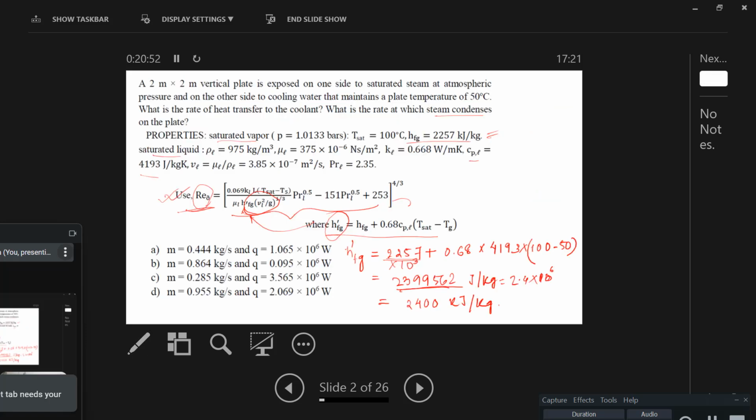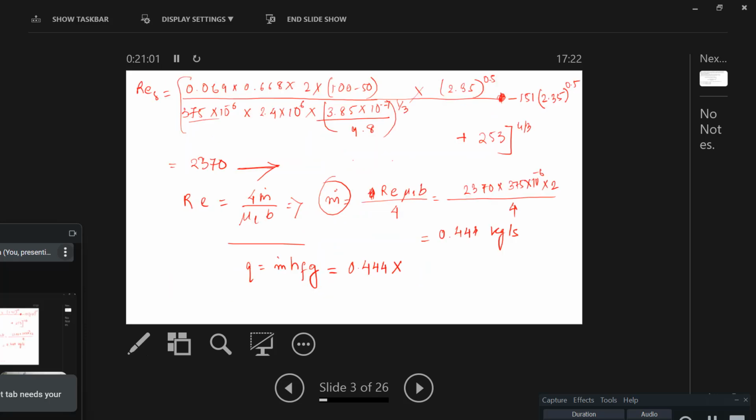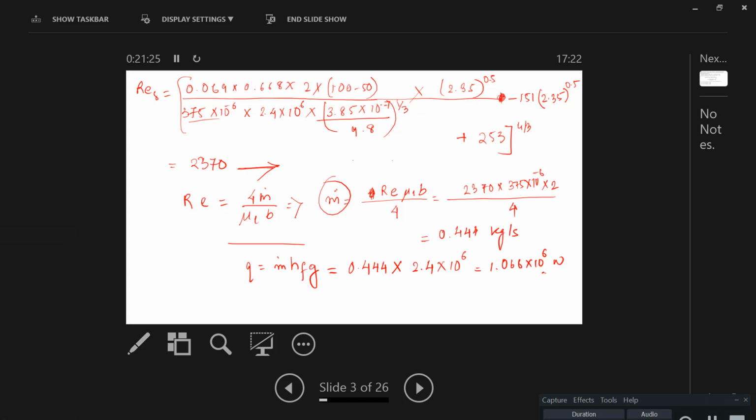Also we have calculated 2.4 into 10 to the power 6. So it is 1.66066 into 10 to the power 6 watt.